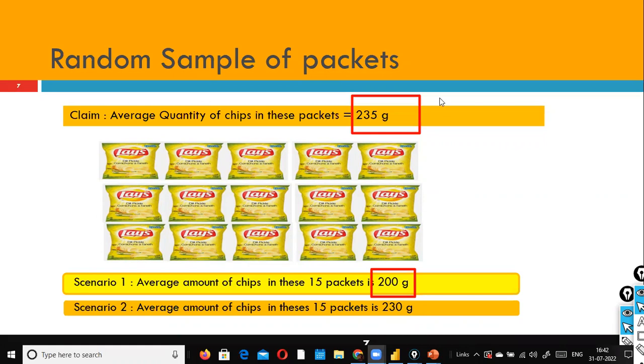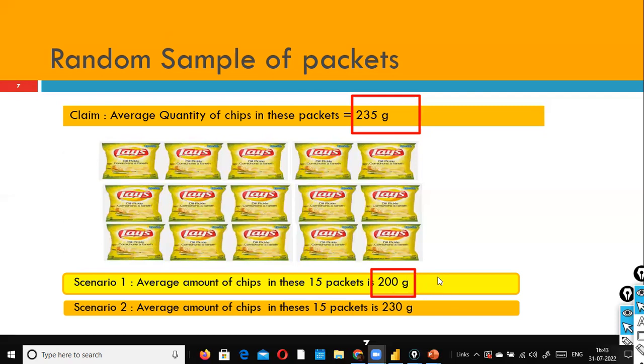That is Mukilen's point of view. Very good. How about others? Do others also think the same way, or do we have different points of view? What is your thought here? See, it's simple here. You go and buy 15 packets, unpack and weigh them, and take the average.